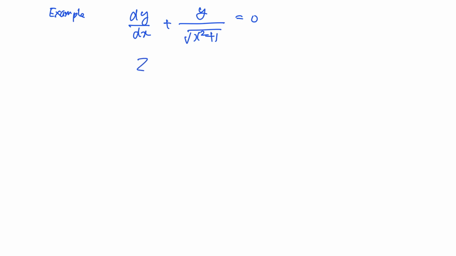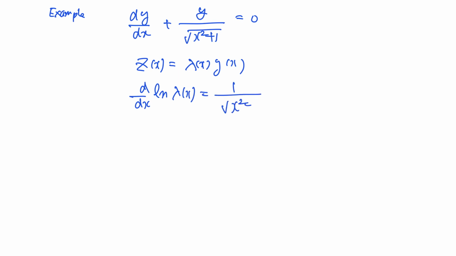We need to have lambda x times y of x, and the derivative of ln lambda x is 1 over the square root of x squared plus 1, right?